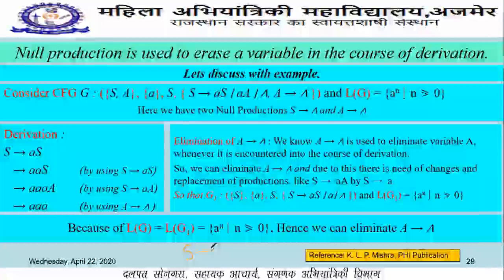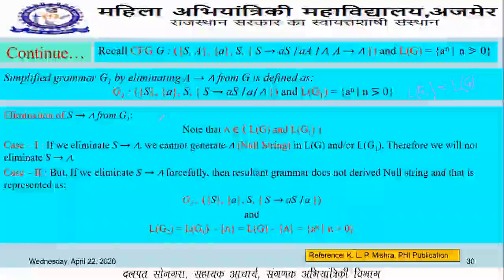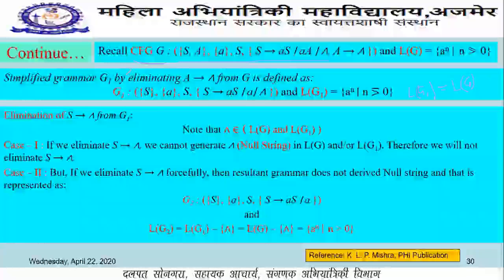What happens if we eliminate this null production, we see in our next slide. Here we recall a context-free grammar G as described, and we generate a simplified context-free grammar G1 from the grammar G by eliminating the null production A tends to null.